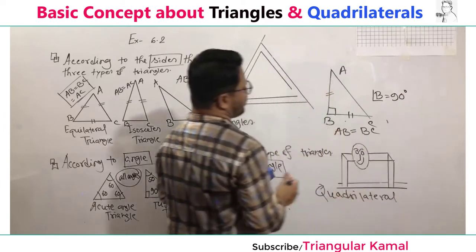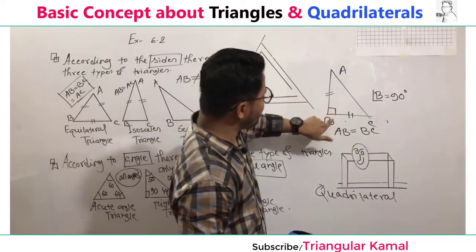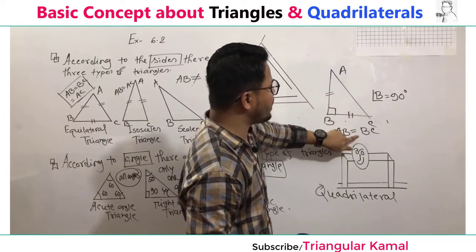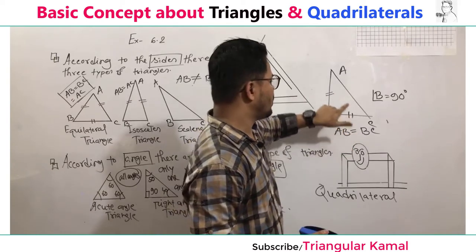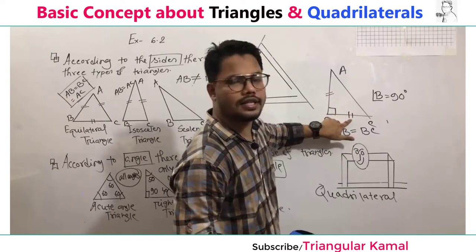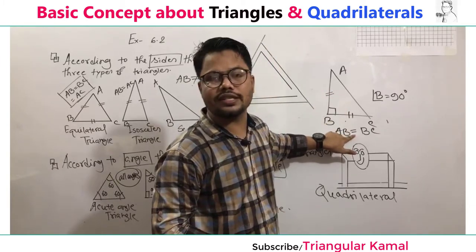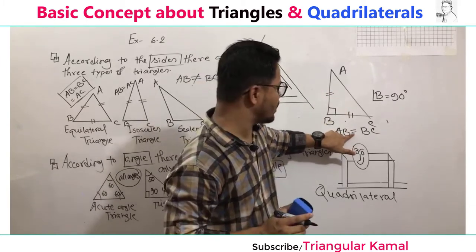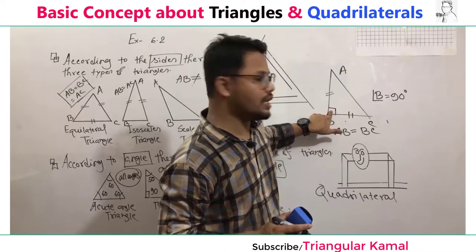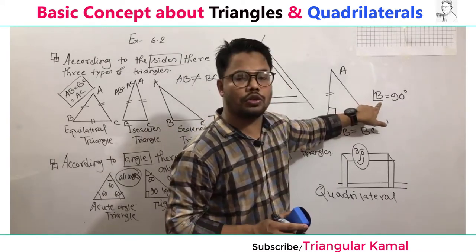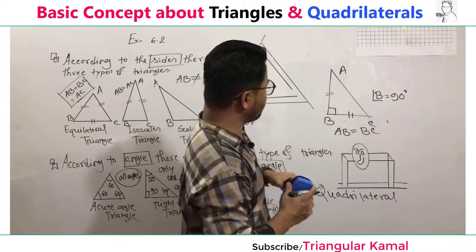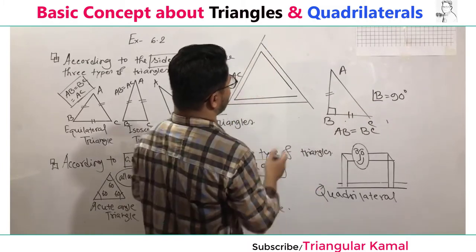Then we can say this one is a right angle and isosceles triangle, because two sides are equal. That's why we can say this one is an isosceles triangle. But one angle is 90 degrees, so this triangle is also a right angle triangle. So this one is a right angle isosceles triangle.